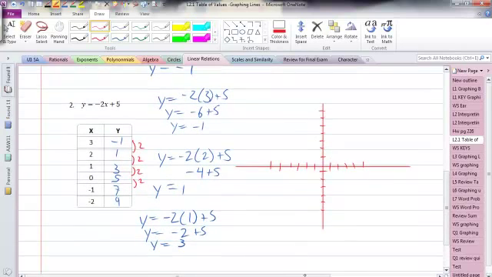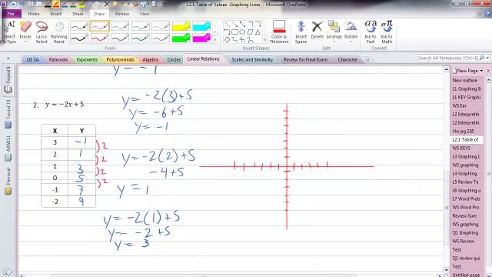Rate of change is more because sometimes, yeah, I'm getting into too much details there. 3 and -1. 2 and 1. 1 and 3. 0 and 5. -1 and 7. -2 now.